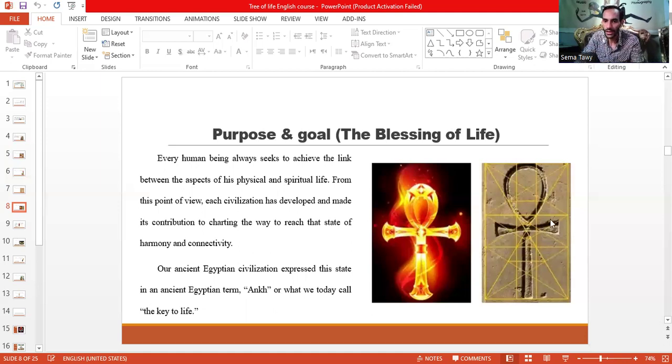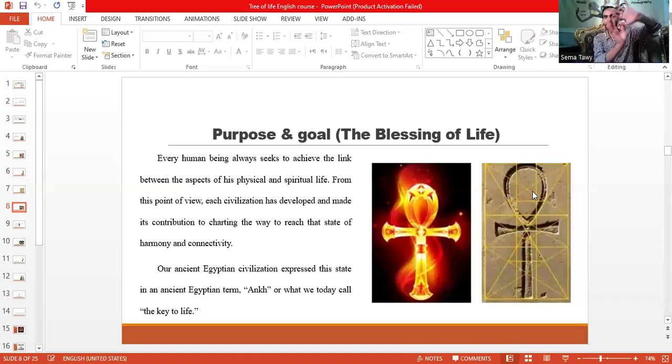The upper part of the key of life, the ring part, represents your spiritual world, your upper consciousness, your upper chakra system: throat chakra, third eye chakra, and the crown chakra.